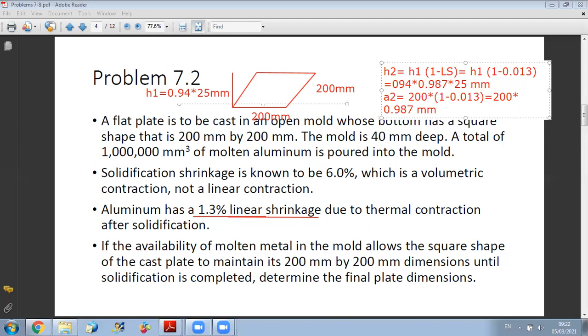Another possible question is to ask you, for example, what is the volumetric shrinkage during phase 2? Who can tell me what is the volumetric shrinkage during phase 2? How can I calculate it? Any idea?